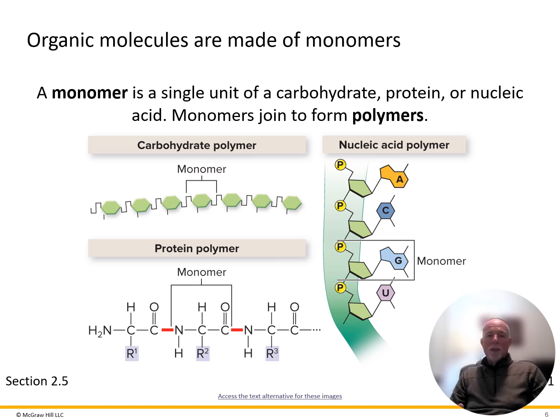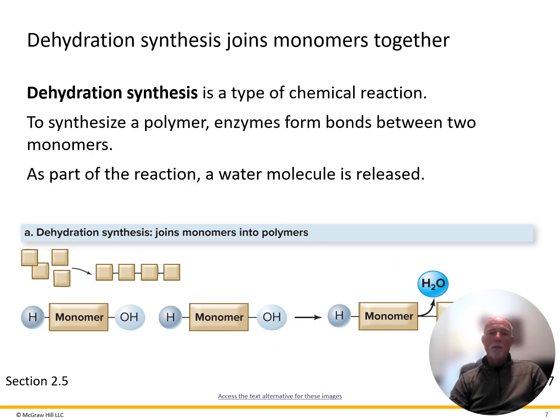We could say it this way: they are monomers, one molecule, many of them bonded together to form a polymer, a large molecule. These are polymers, big molecules made up of smaller units of individual molecules. Carbohydrate polymers, protein polymers, nucleic acid polymers; we're going to talk about all of these. Big molecules made up of smaller units.